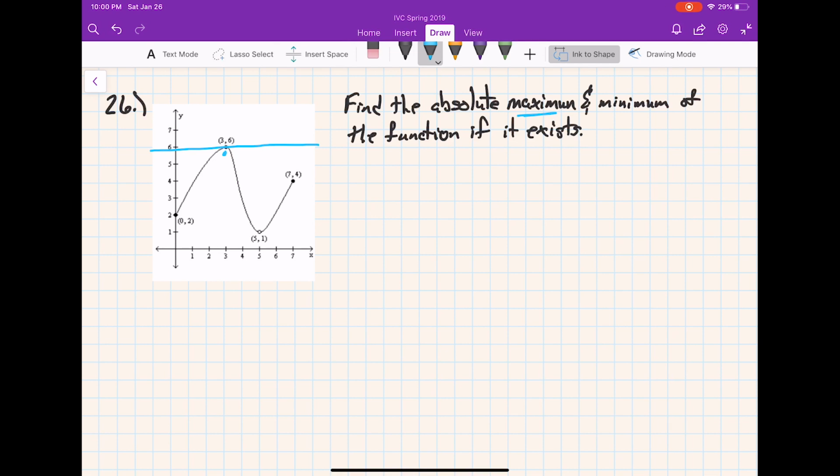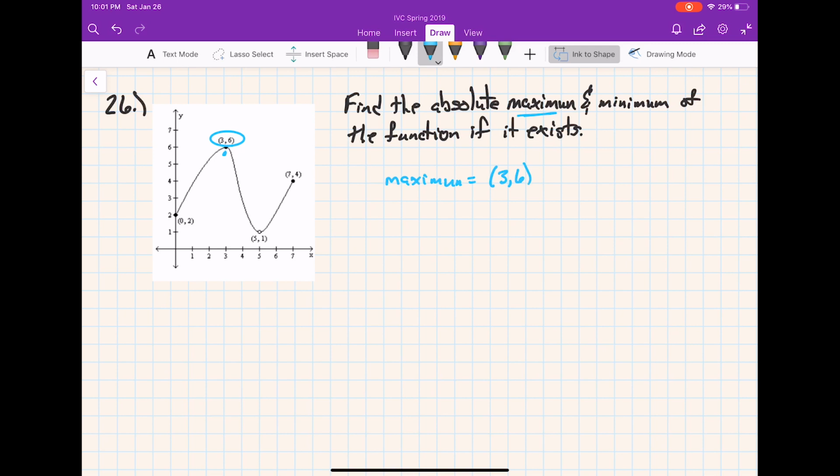It goes through this line right here. Or the point touches this line here. So our maximum point on this squiggly line, I guess, is really 3, 6. So write down maximum is 3, 6.